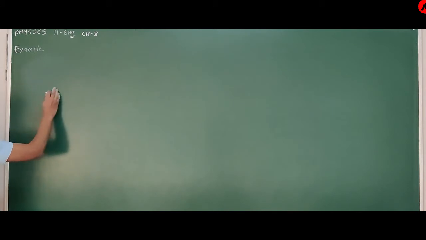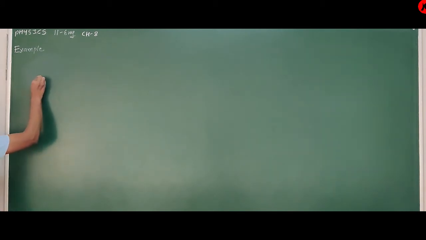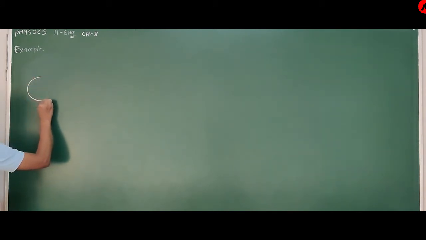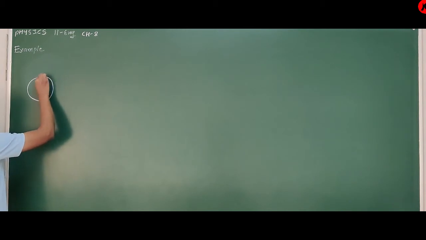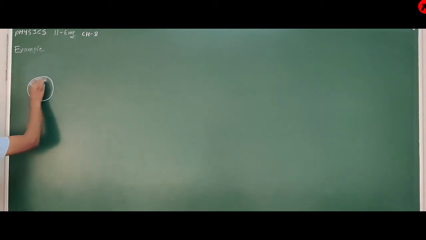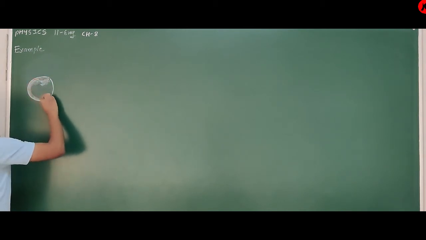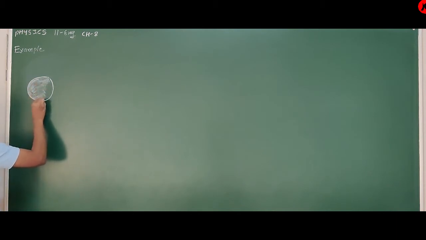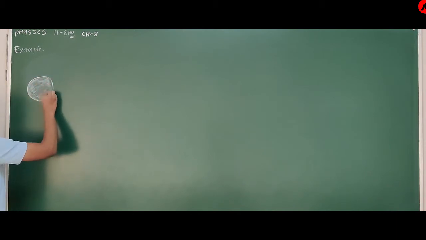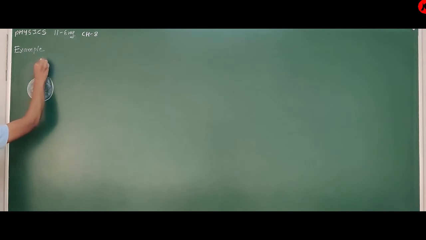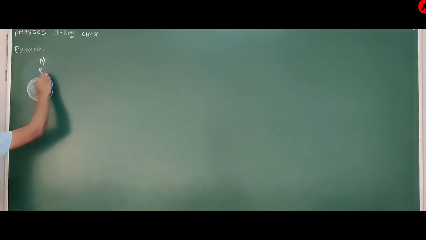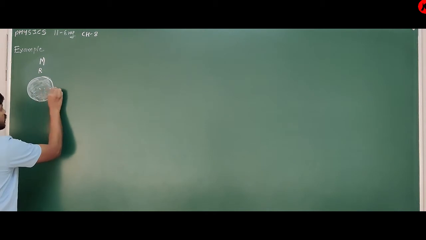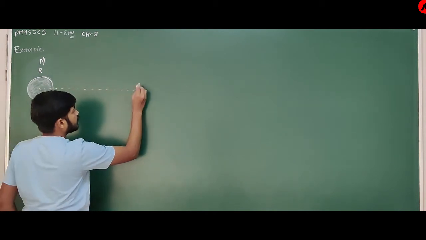You are given two spheres. The first sphere is of mass m and radius r.